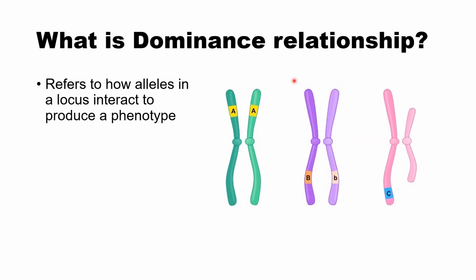So, first let's discuss what is dominance relationship na tinatawag. So, when we say dominance relationship, it refers to how yung mga alleles in a locus interact to produce a phenotype. So, last meeting, I've discussed what is an allele. So, yung allele na yon doon sa parang gene in which it dictates yung characteristic ng isang animal, may dalawang allele yun. Yung isa coming from yung one parent and then yung isa coming from the other parent.